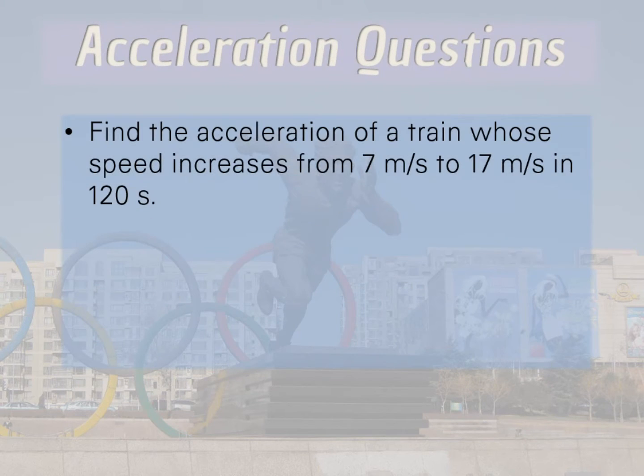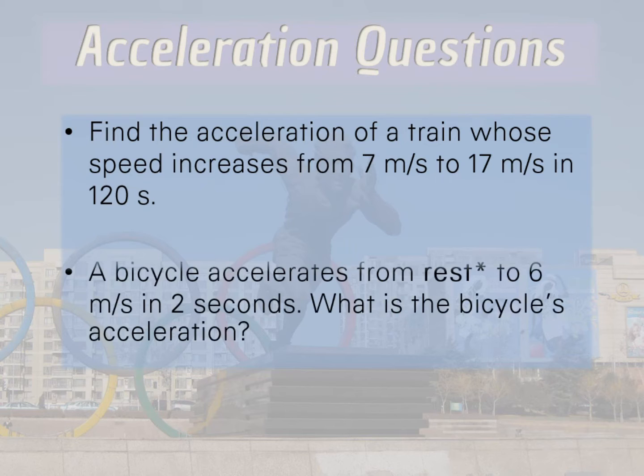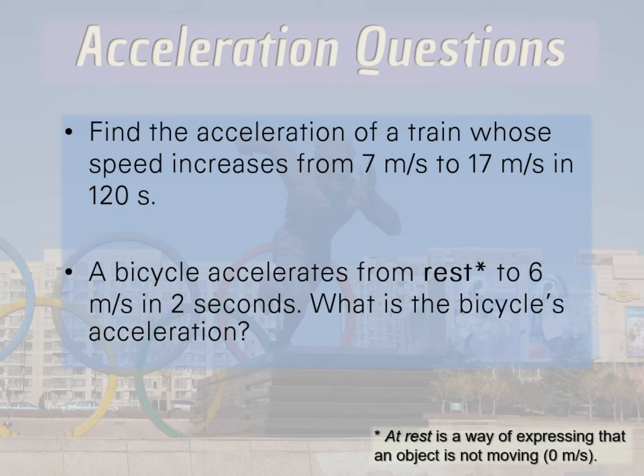So here's a couple of example questions on acceleration, which I'll leave you to think about for yourselves. Find the acceleration of a train whose speed increases from 7 meters per second to 17 meters per second in 120 seconds. The next one, a bicycle accelerates from rest to 6 meters per second in 2 seconds.